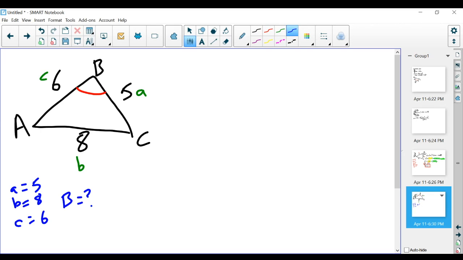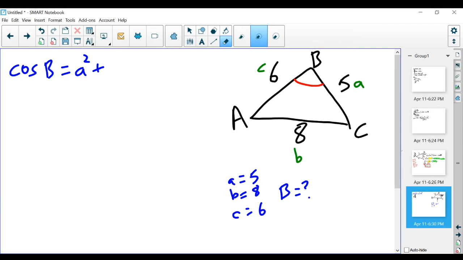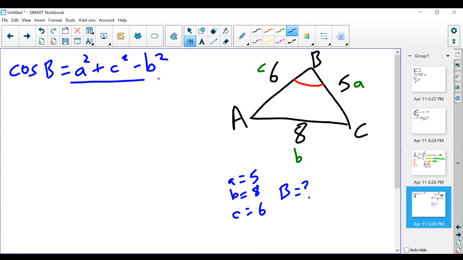So we're going to use the variation of the cosine law that helps us solve for an angle. So we know that cosine of B is equal to a squared plus c squared minus b squared over 2 times ac will give me the cosine of angle B. So we're going to go ahead and plug in all of our known values.